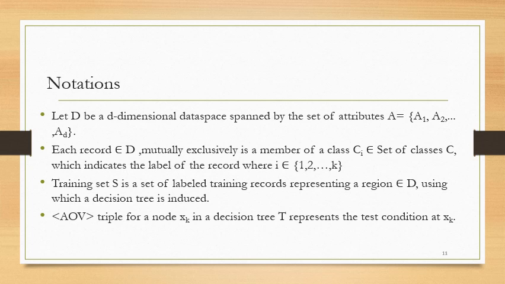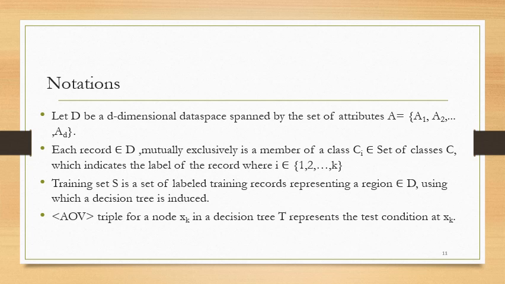Having a look at what exactly we have done, we have used these notations here. D is the dimensional data space, and A is the set of attributes. All the class labels that we have used are represented by C, which is the set of classes.